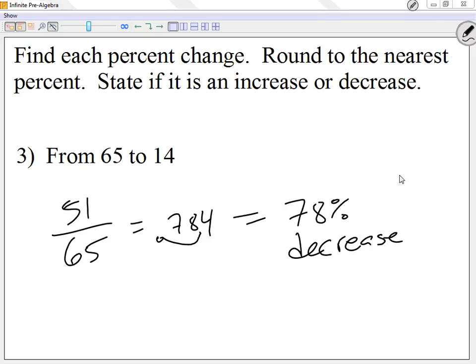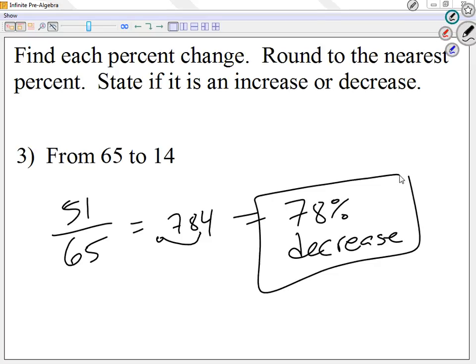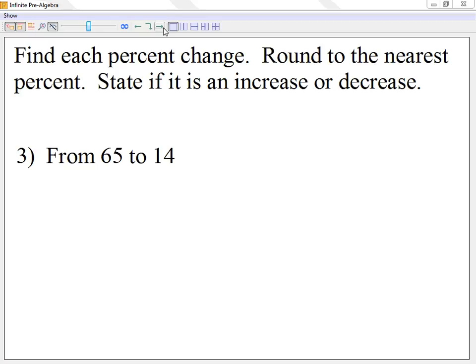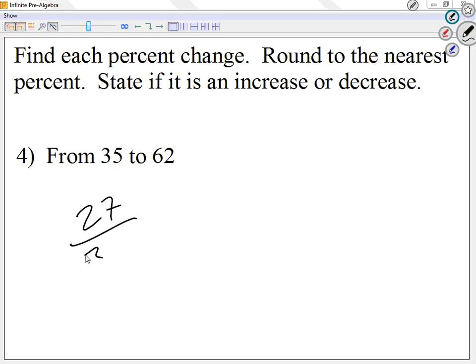So, any questions? All right, let's take a look at number 4. From 35 to 62, I'm going to subtract my numbers, and I get 27. And I'm going to divide it by, in this case, 35. I'm always going to divide it by the first number.